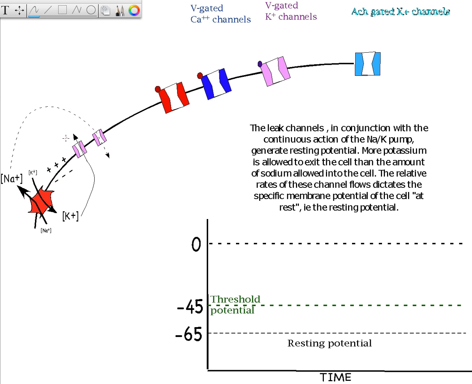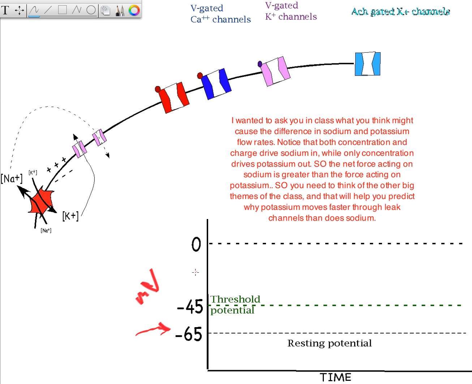This is the potassium leak channel. This is the sodium leak channel. Because the potassium leak channel allows significantly more potassium out than the sodium leak channel allows sodium in, that maintains a negative membrane potential. And our example voltage across this membrane, in millivolts, is minus 65.